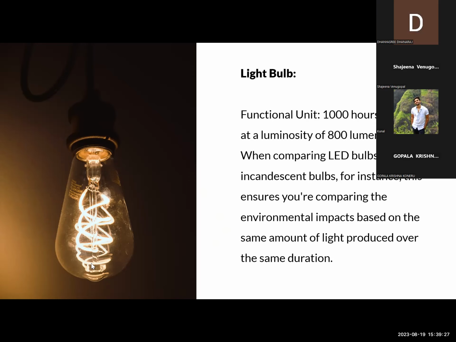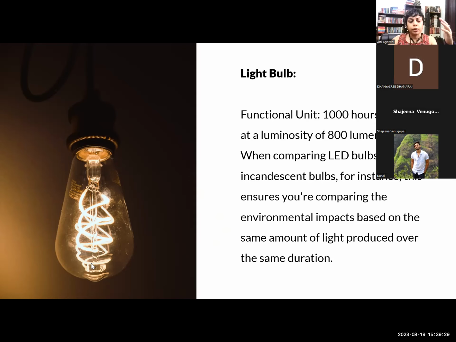Now, again, for all of these also, you can't compare them unless you keep one common unit for all of them. And all of these bulbs also may not have the same wattage, the same intensity, the same temperature, or the same life, for example.